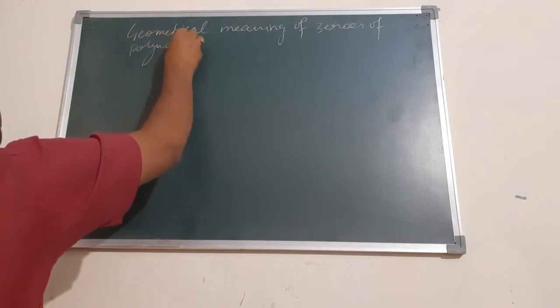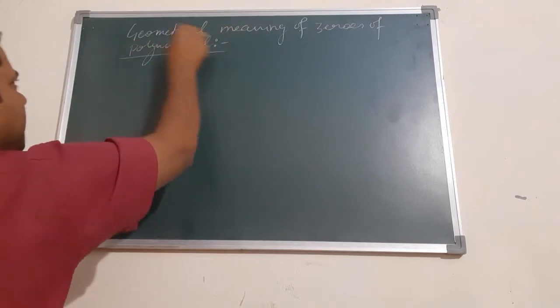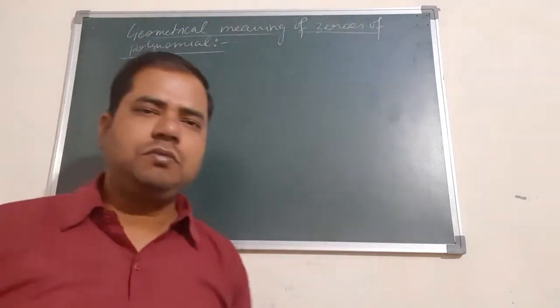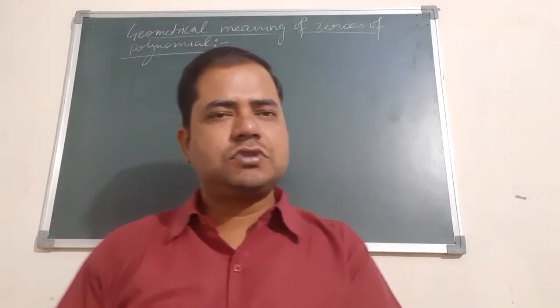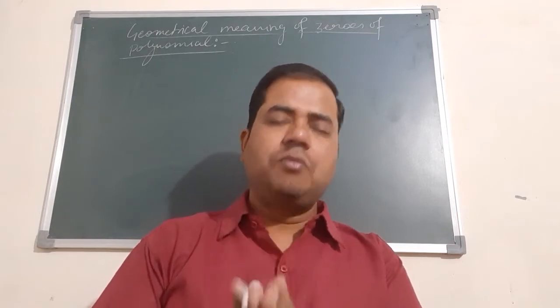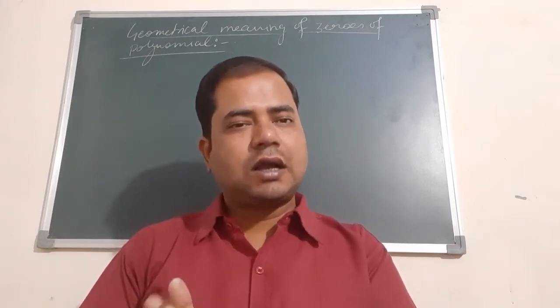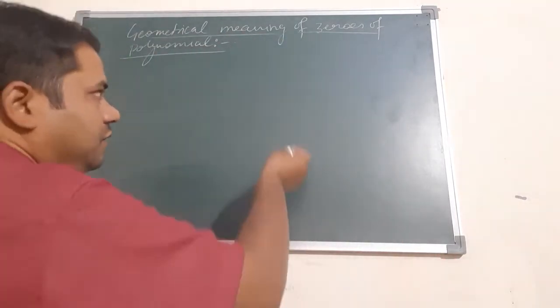So what is the geometrical meaning of zeros of a polynomial? In this section we have to study how many zeros a given polynomial has by seeing the graph. So first of all we learn about the graph.